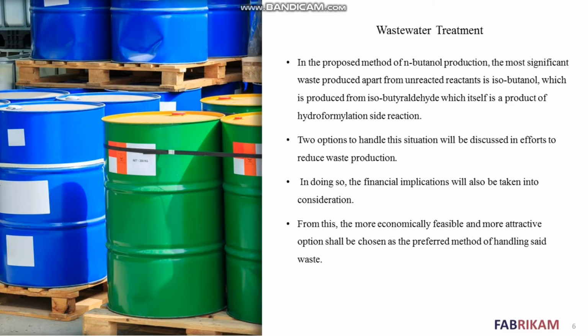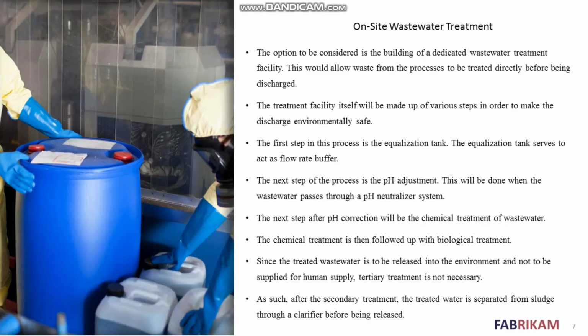From this, the more economically feasible and more attractive option shall be chosen as the preferred method of handling said waste. For the first method, the option to be considered is the building of a dedicated wastewater treatment facility. This would allow waste from the processes to be treated directly before being discharged.